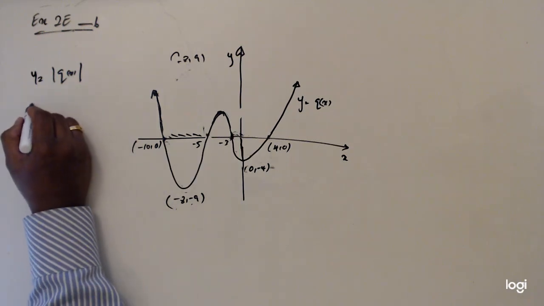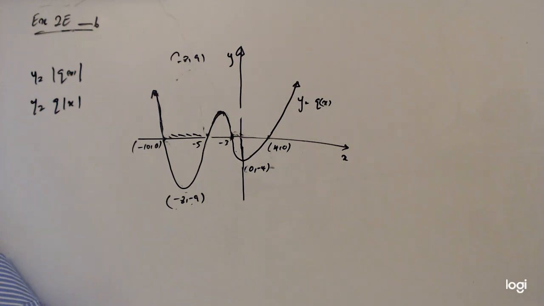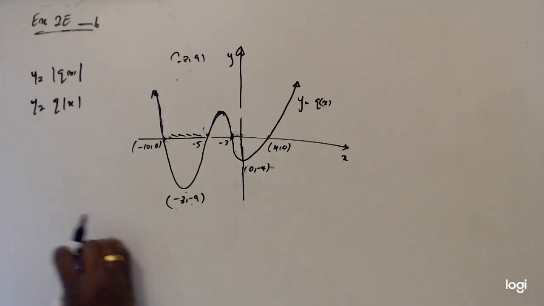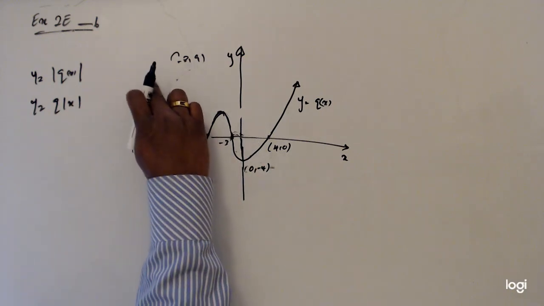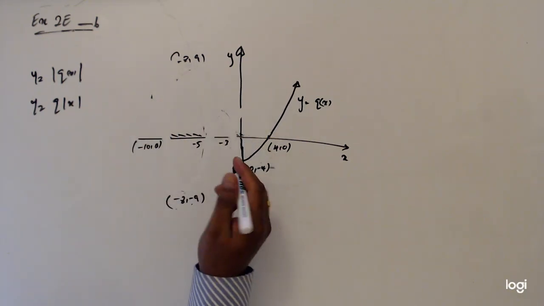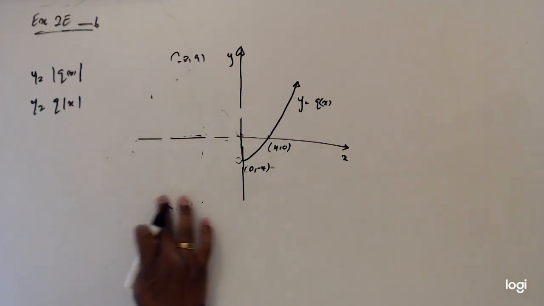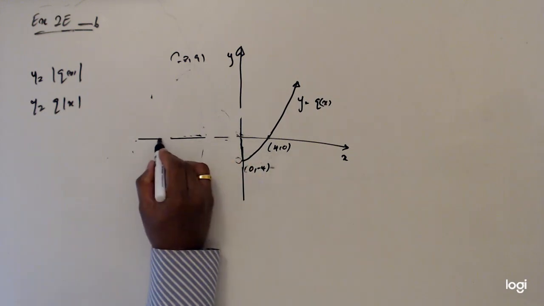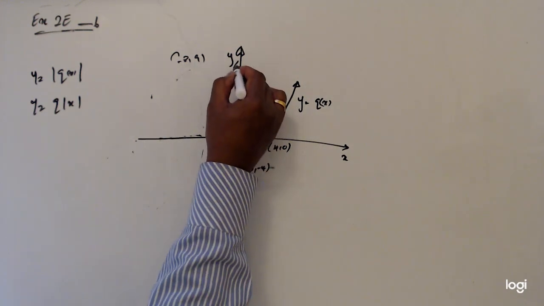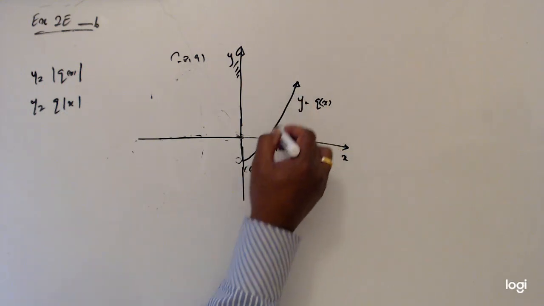Next we want to draw y equal q mod x, and so we have to delete this side up to here, and then we'll keep mirror here, then the mirror reflection of this part.